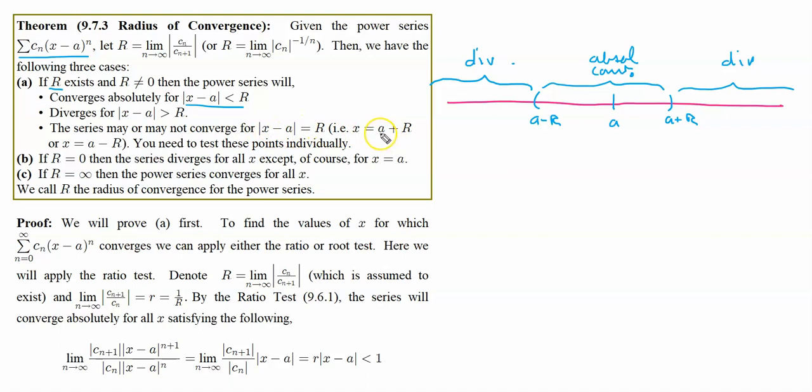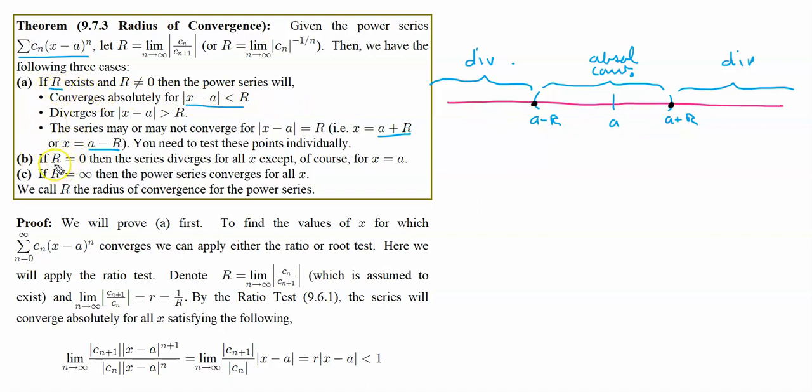In other words, when x is equal to the two endpoints a plus r and a minus r. So at these two endpoints right here and here, you may or may not have convergence. You need to test those 2 points individually. Okay, so that's what happens if the r exists.